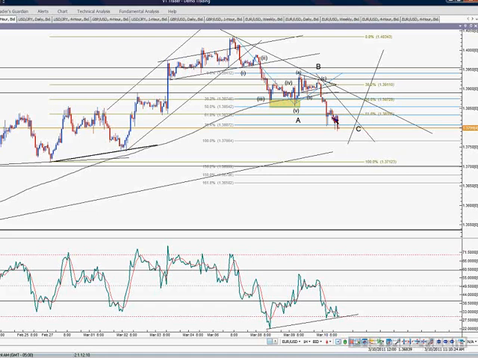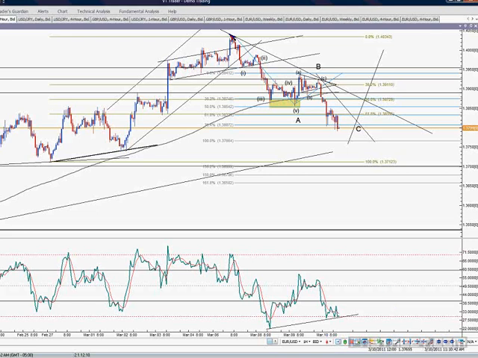However, if the market accelerates and breaks below 1.37, I'm going to put that on hold and wait for the market to break back above this low here.